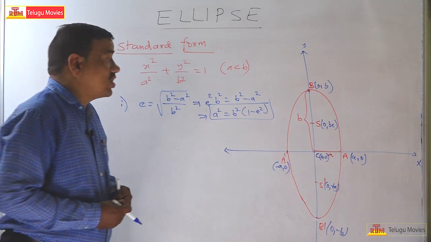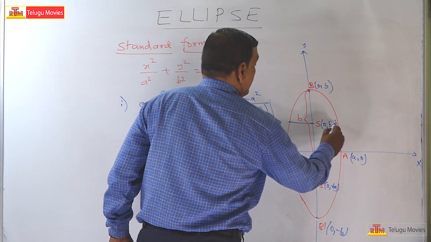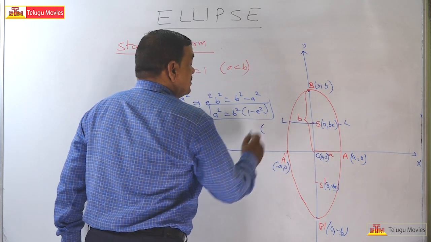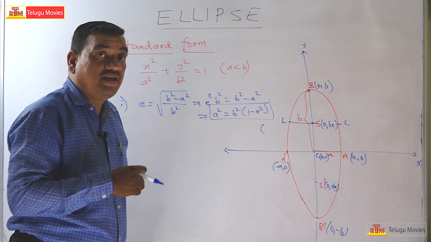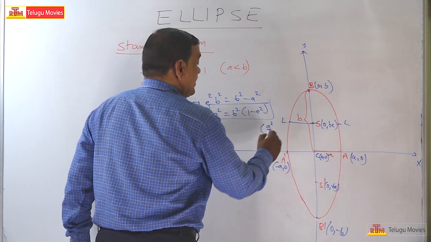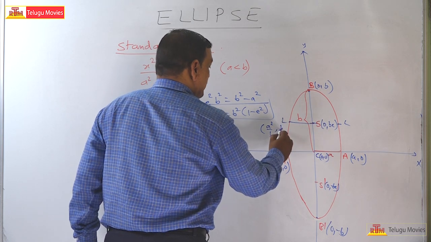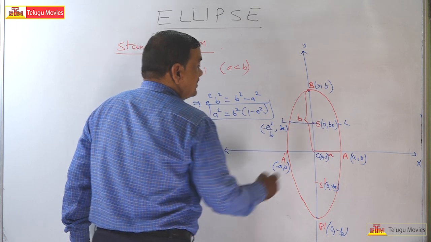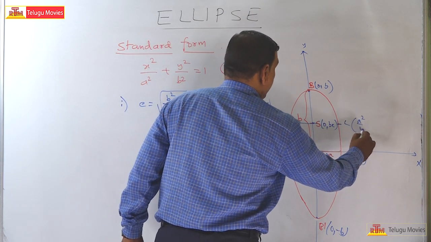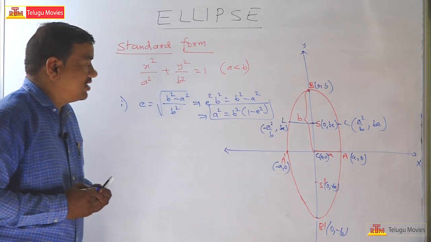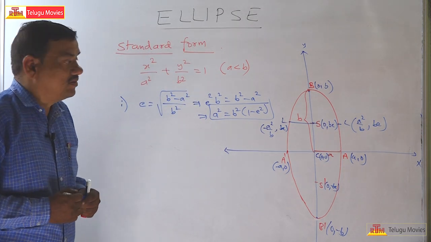L and L dash are the endpoints of the latus rectum: (a square by b, b) on one side and (minus a square by b, b) on the other. Those are all the vertices.